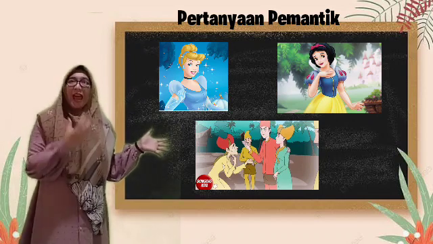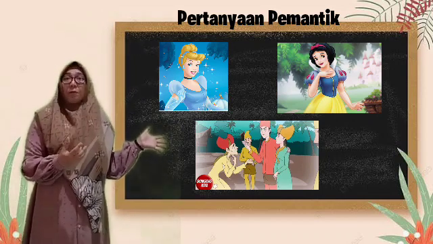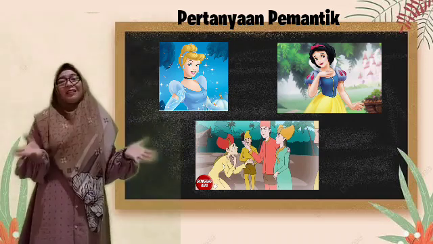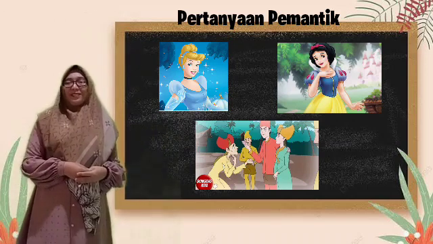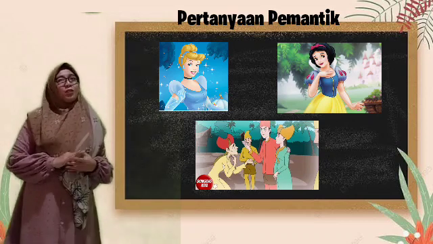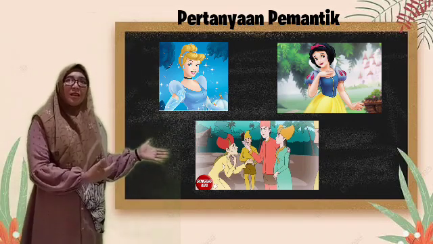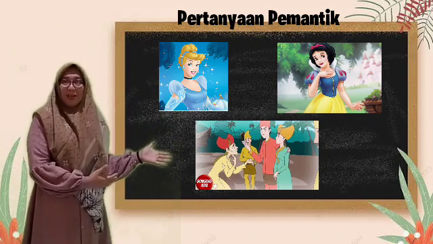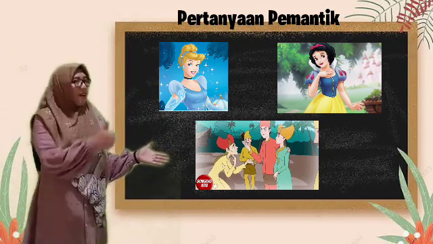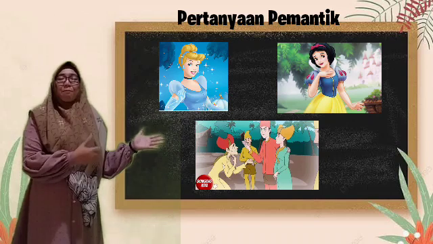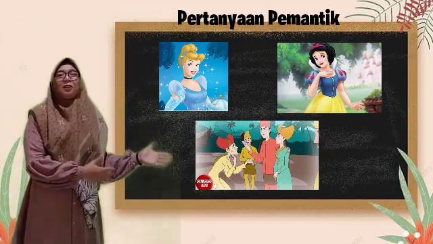Great! She ate a poisonous apple from a witch, until then she fell asleep. Okay, my last question. What is the end of the story of Maling Kundang? Very good. Maling Kundang was finally cursed into a stone.